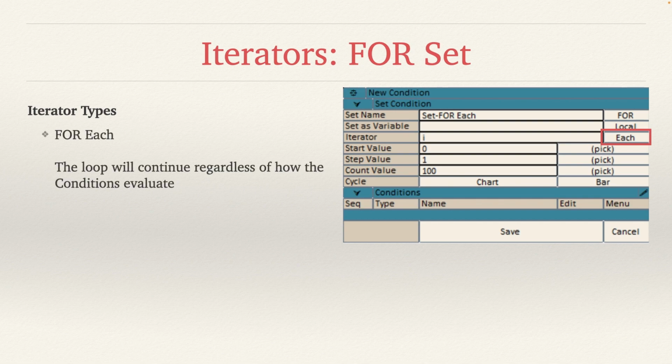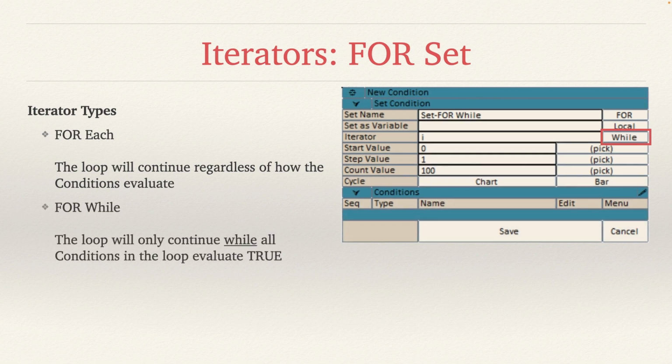The for each loop will execute all loops, regardless of whether any conditions are evaluating as true or false. It will only return a value from the last loop where all conditions evaluated as true, if that happened. The for while loop will continue as long as all conditions in the loop are evaluating as true.